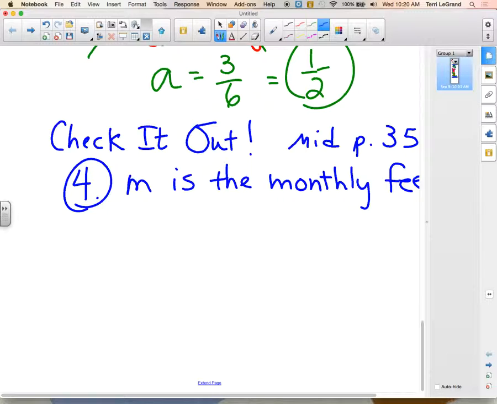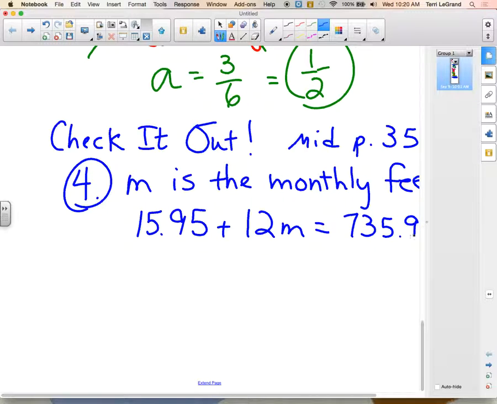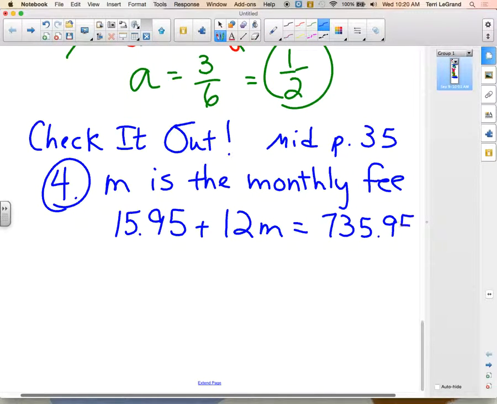Okay, who wants to offer up an equation that they think would represent this problem? John? 15.95 plus 12 M is equal to 735.95. How much? $735.95, okay. Okay, how many of you think that's a good equation?